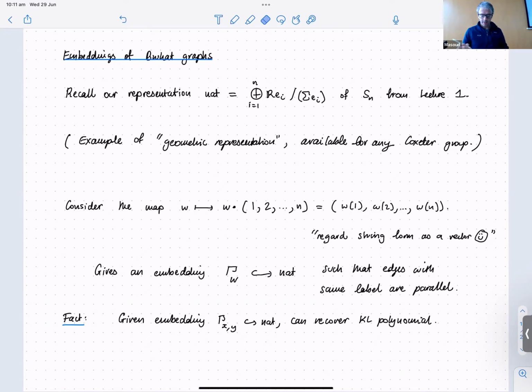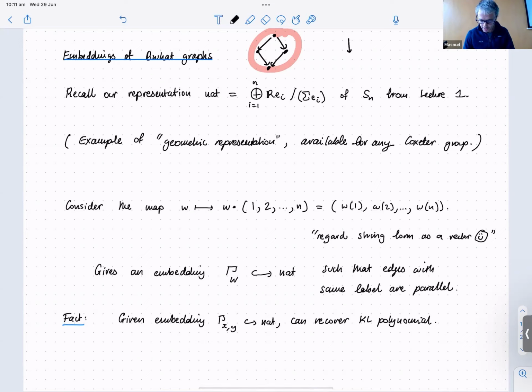And what seems to be happening in combinatorial invariance is, for example, in fact, all length 2 intervals in Bruhat order look like this. But if you look at the way that this is embedded inside R^n, it can be embedded in different ways.